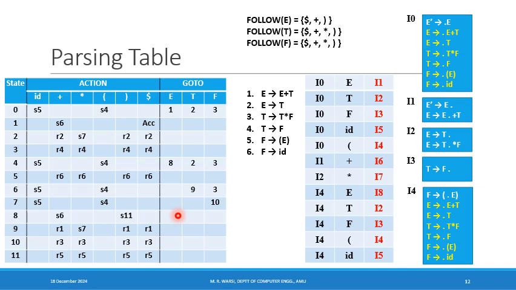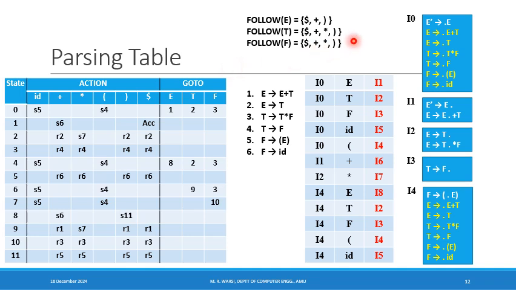Now, as discussed earlier, reduction is done in the SLR parsing table using the follow of the variable. So we'll be requiring the follow of the variables in the grammar. We have already calculated the follow of the various variables.